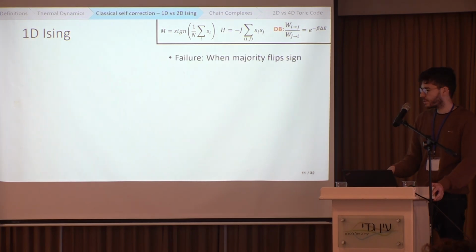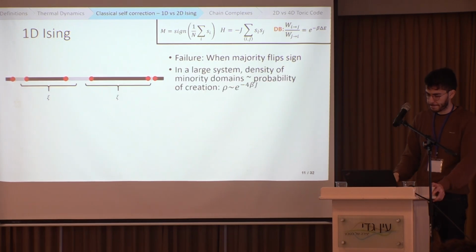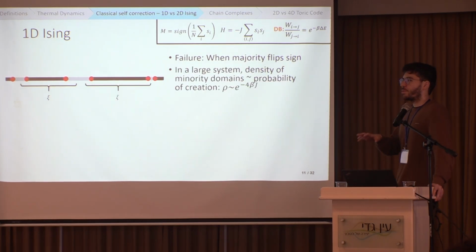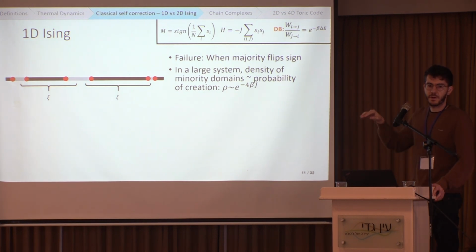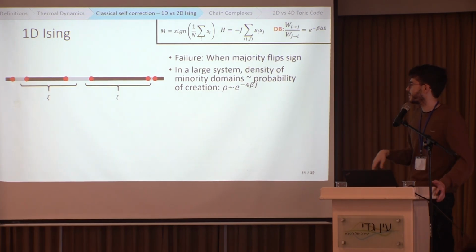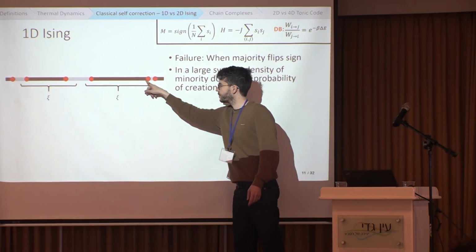And now we can ask, what's the time of the memory of this 1D system? So we can think of a very large system, a long 1D Ising chain. After some time, we'll have many such domains, pairs of boundaries, with some density.